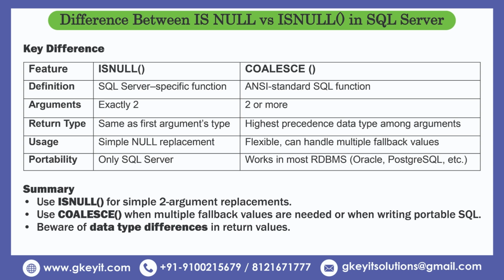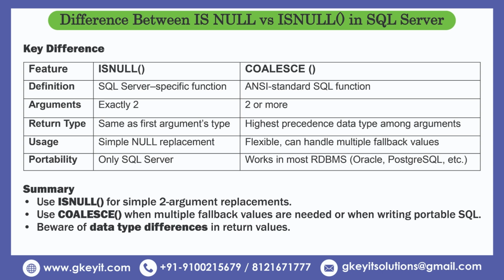ISNULL accepts exactly 2 arguments, whereas COALESCE function accepts more than 2 arguments. Coming to the return type, the return type is the same as the first argument's type for ISNULL function, whereas the COALESCE function returns the highest precedence data type among the arguments. The first non-null value it takes, and it will consider the data type of that value.